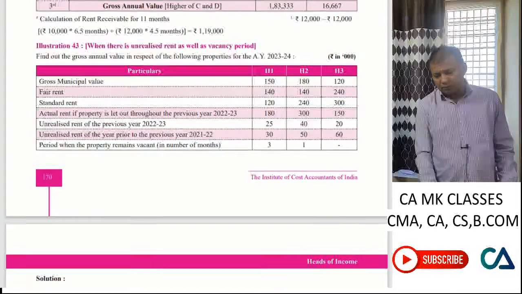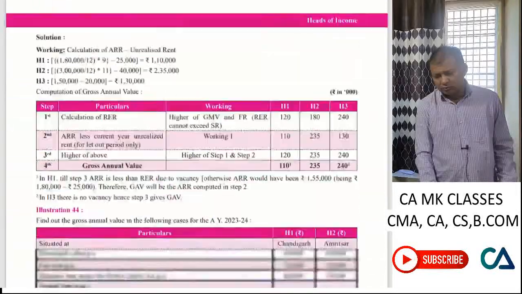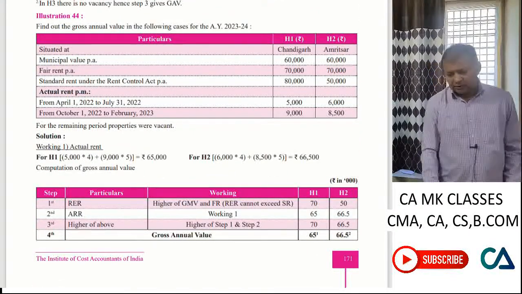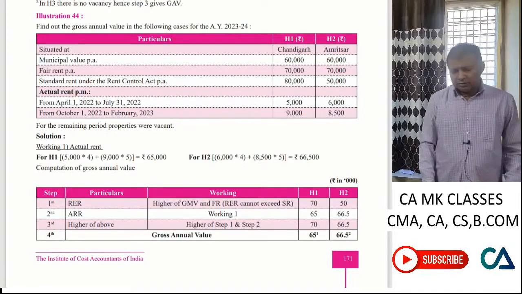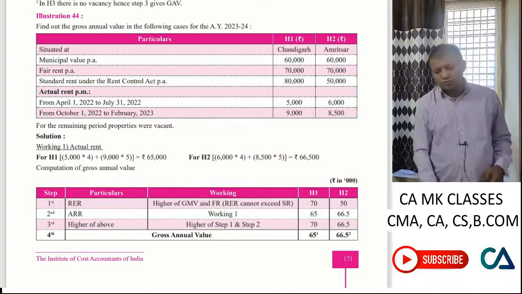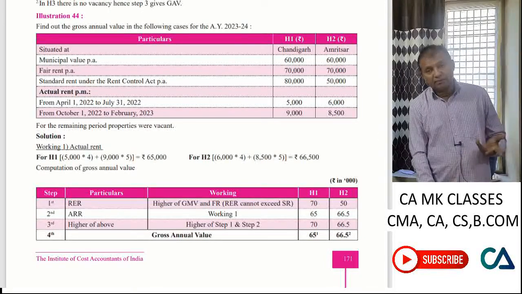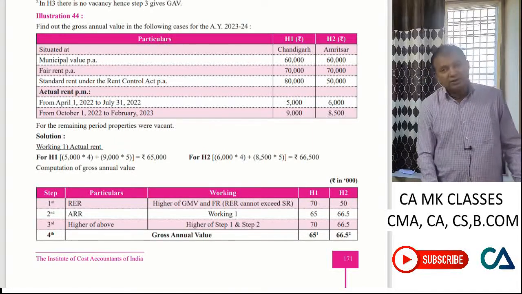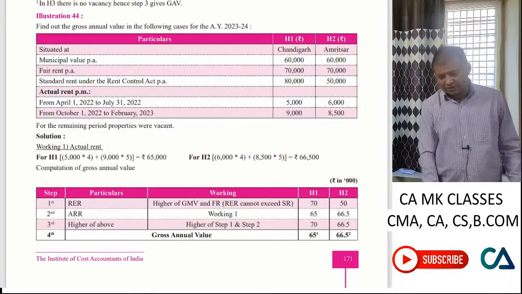Then coming to problem number 44, here also we have to find out the annual value of the property. Here there is a vacancy also. So problem number 44 is just like the earlier problem. We shall discuss and solve this also. Then coming to problem number 45, this is also annual value.